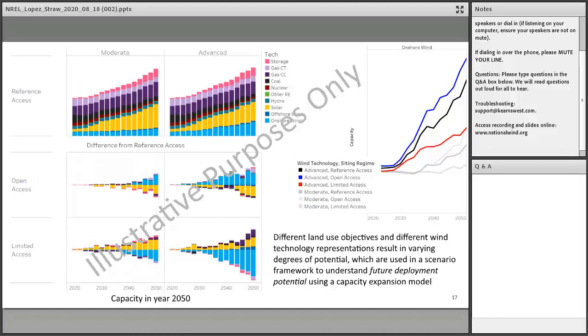We do have an offshore model called ORCA that is integrated with the Rev model and the ReEDS model. And we're hoping to similarly deep dive into some of the siting constraints and considerations with offshore this next fiscal year. So thank you for bringing that up. Yeah, great. I'm sure we have a lot of folks on this webinar who will be interested to see that as well. So thanks for clarifying.